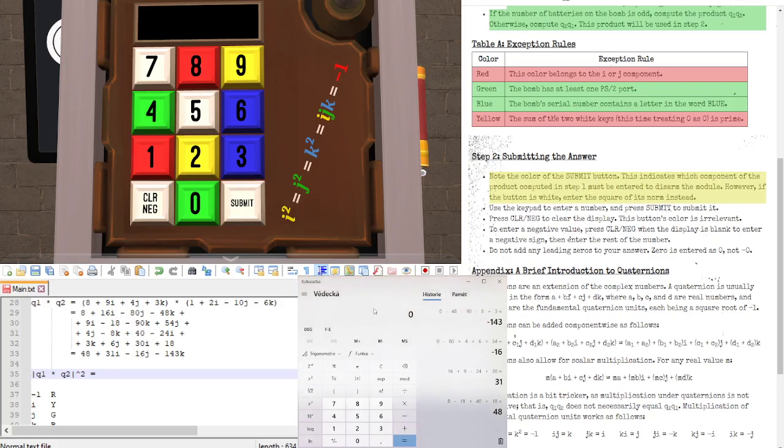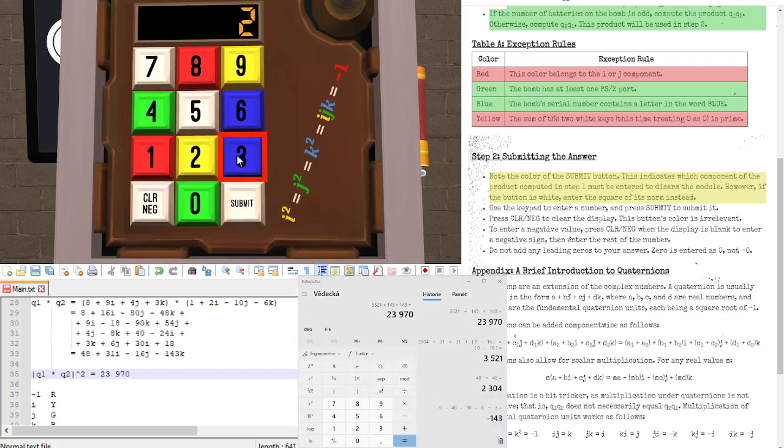We get 48 times 48 plus 31 times 31 plus, and of course minus 16 times minus 16 will be just 16 times 16, which is 256, and that plus 143 times 143. Again, minuses cancel out, so I won't bother with them, and this is the result. And now we just submit the result.